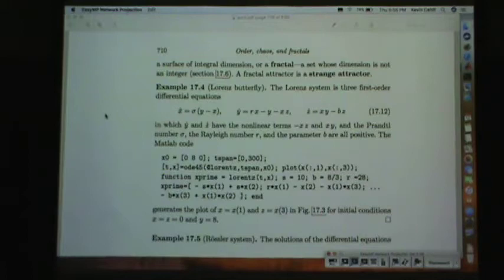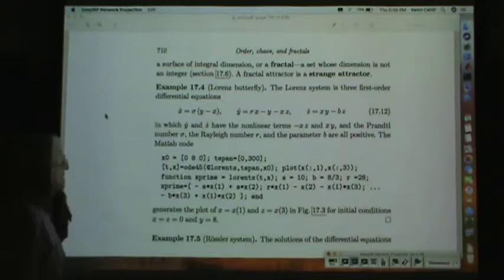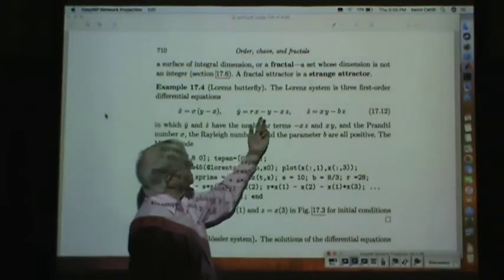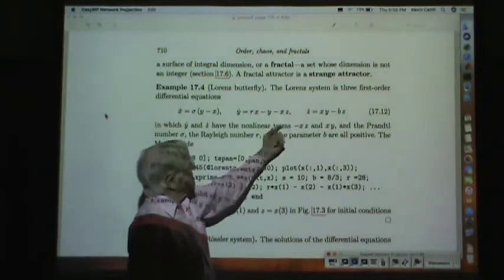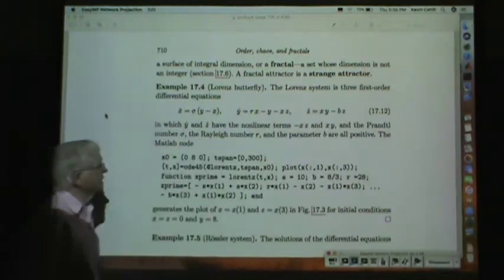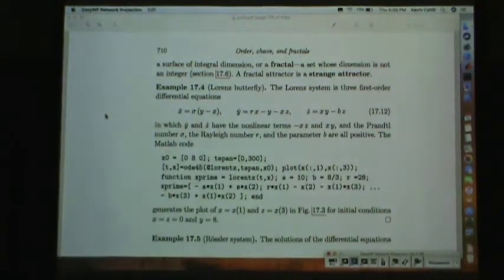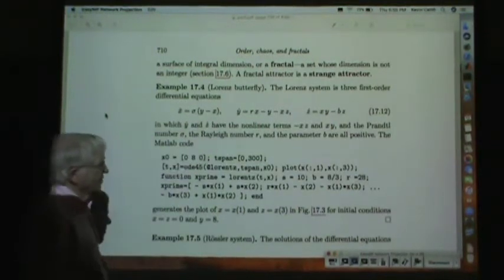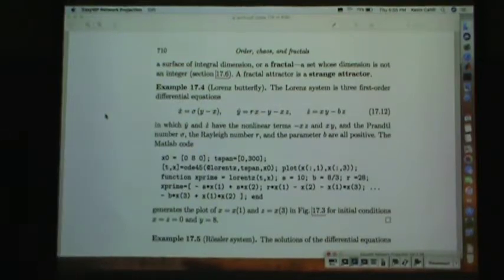The system that bears his name is three first-order differential equations. The first one is linear. The second one is not linear because of the xz term. And the third one is also not linear because of the xy term. This is so famous that the various constants are called the Prandtl number, sigma, the Rayleigh number R, and the parameter B, and they're all positive.